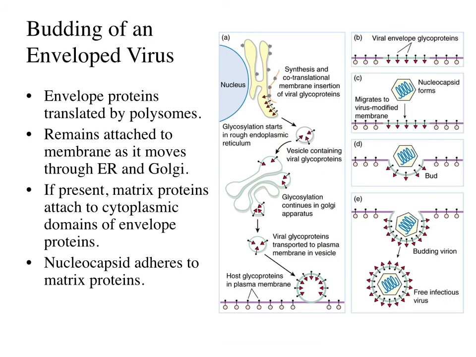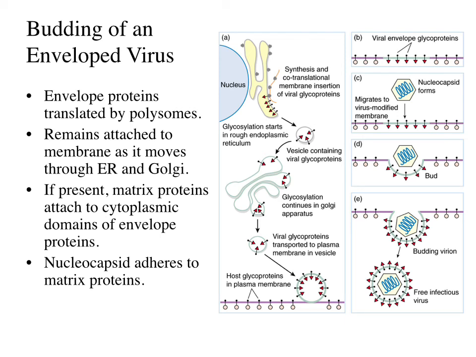So we've looked at some pictures of this already, but envelope proteins will be translated by polysomes. So we have a process of synthesis and co-translational membrane insertion. What this means is that the viral encoded protein is being translated by ribosomes that are attached to the rough ER.